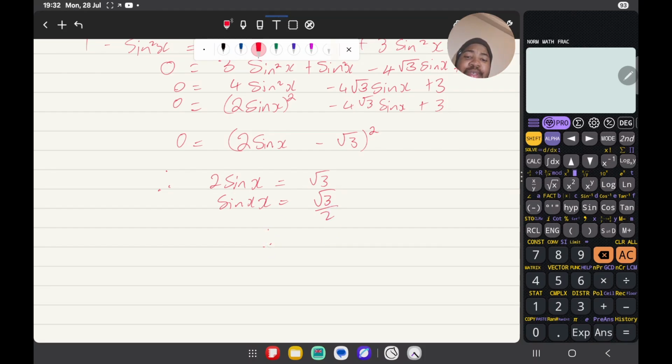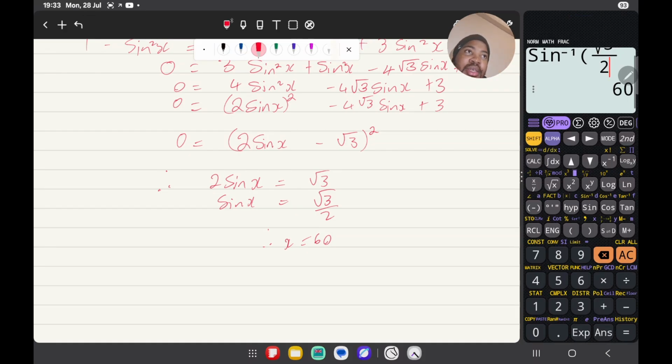These things remind me of special angles. Because you have a square root of 3, and you have 2, and we're talking about sine, so it's opposite over hypotenuse. I think x is going to be 60. Let's see. Square root of 3 over 2, 60, right?